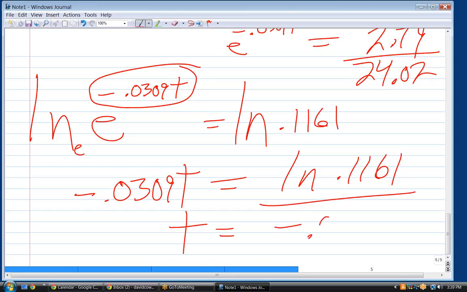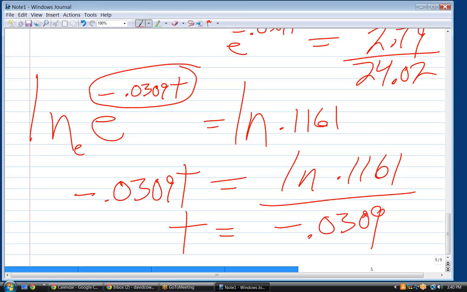Negative 0.0309. Now, when you take logarithms of numbers between 0 and 1, the answer is negative. Always. If you take the natural log of a number greater than 1, you get a positive answer. You can't take the natural log of negative numbers.